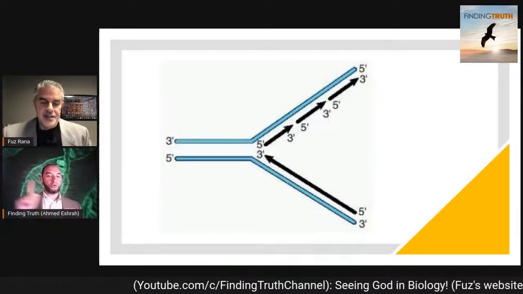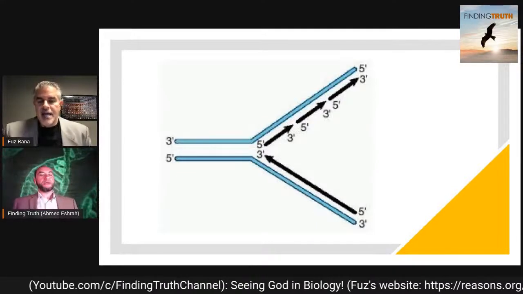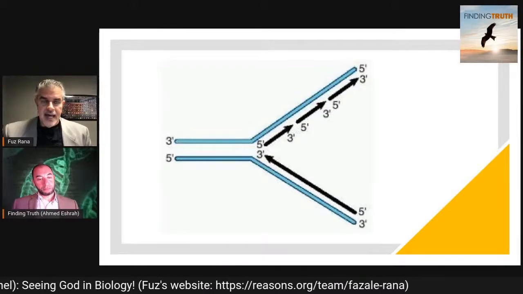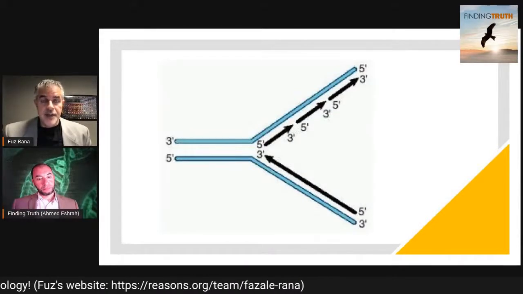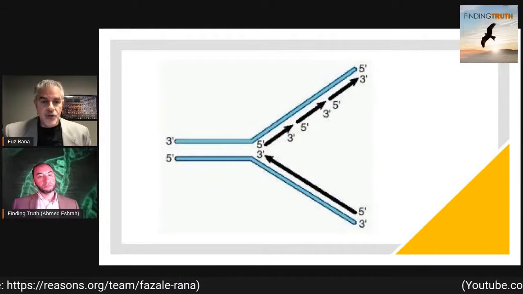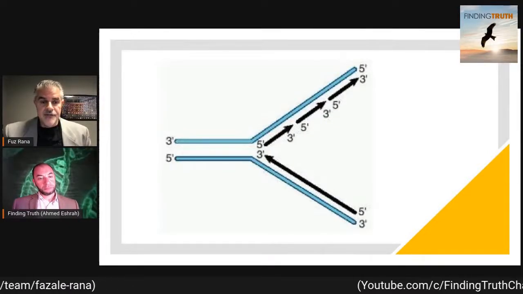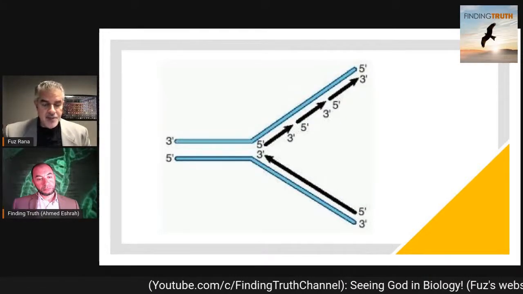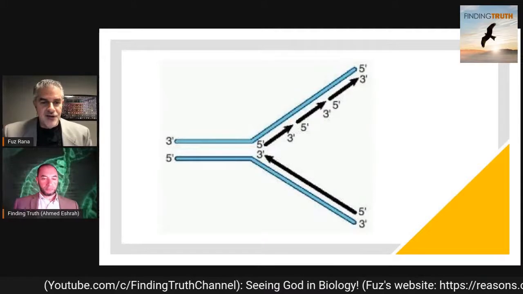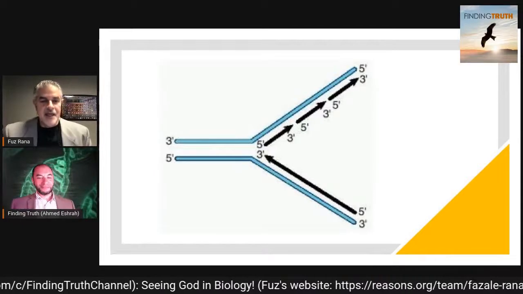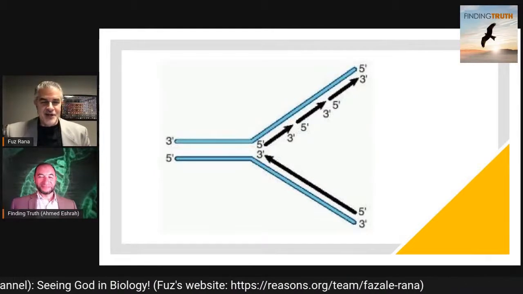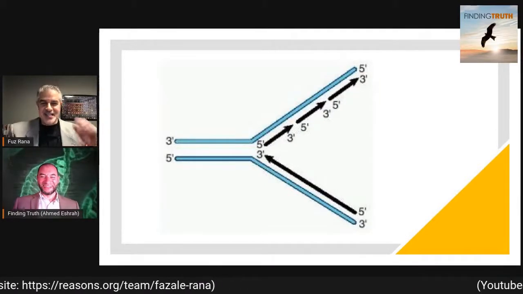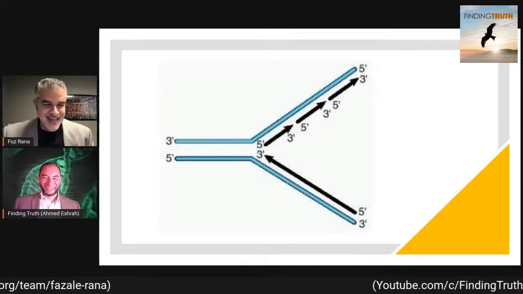Those fragment sizes tend to be uniform. I don't know off the top of my head the number of base pairs or nucleotides that constitute the fragments, but the biochemist that discovered this was a Japanese biochemist by the name of Okazaki, and so these are sometimes called Okazaki fragments. Okay. So there you go. If you're at a Trivial Pursuit party and that question comes up, you'll know the answer.